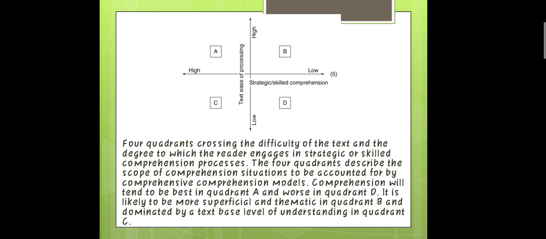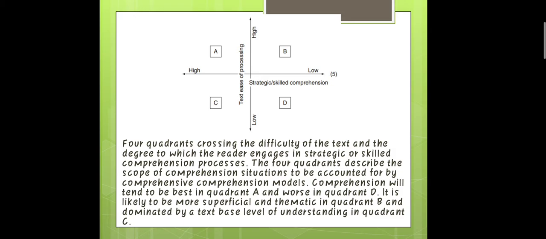In this plane, we have two lines. The horizontal line represents the strategic or skilled comprehension processes, whereas the vertical line represents the difficulty of the text. And there are four quadrants, and these are quadrants A, B, C, and D.